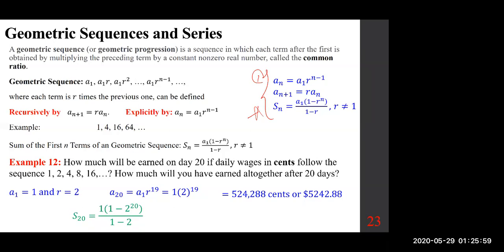Again, obviously the denominator is -1. I hope you realize the top is really 1 minus 2 to the power of 20. And it becomes negative divided by negative, which becomes positive, and that ends up being $10,485.75.